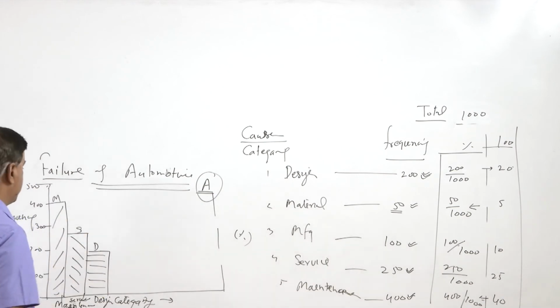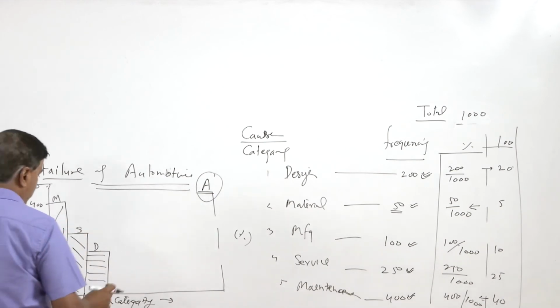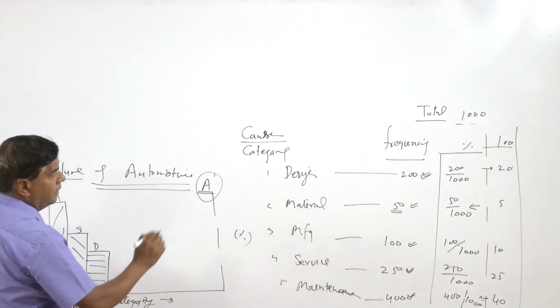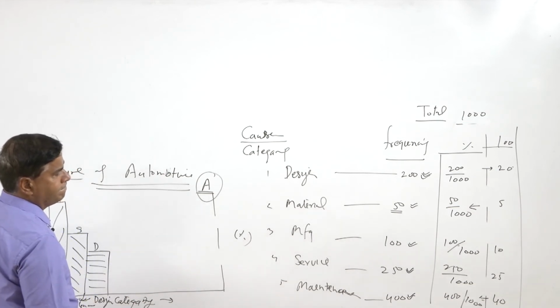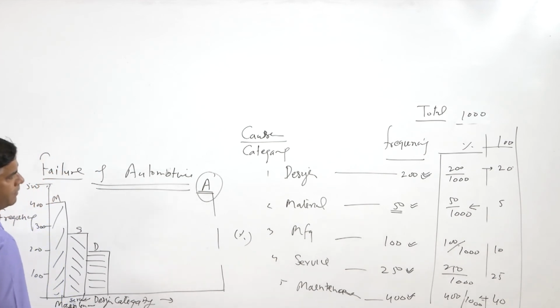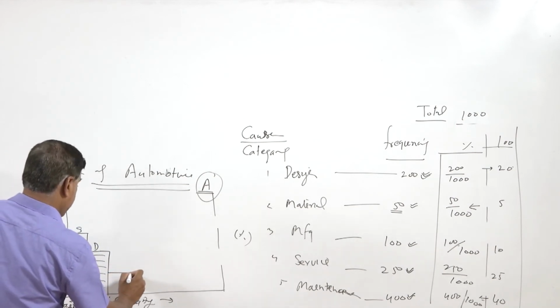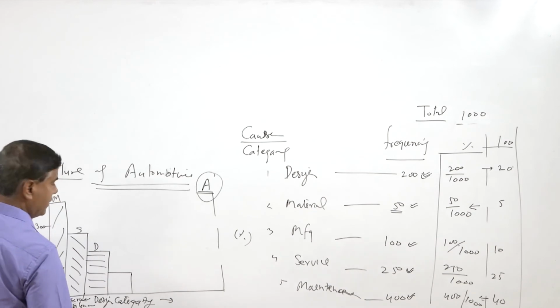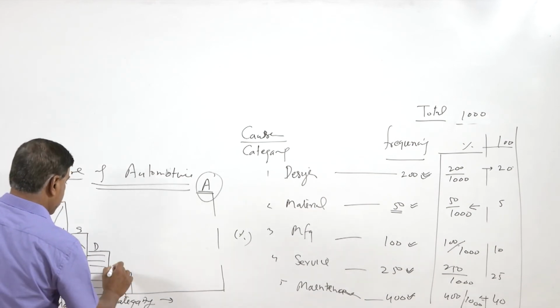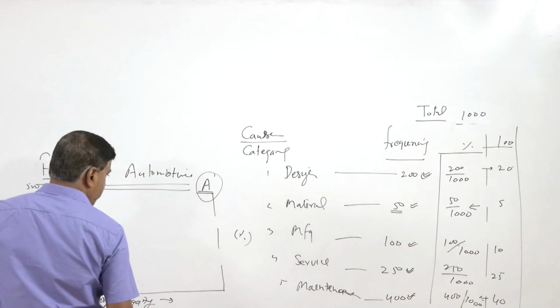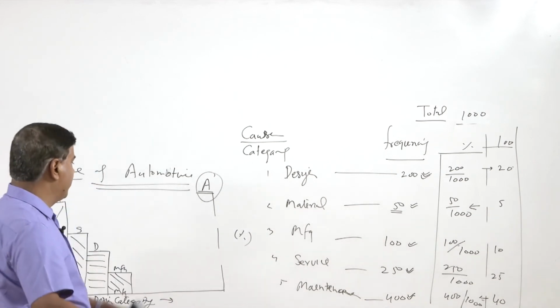So, a kind of bar chart is made which will indicate what are the things really important, and then we have other things like 150, 100. So now we have 100 for manufacturing, MFG, and maybe likewise there can be other factors also.